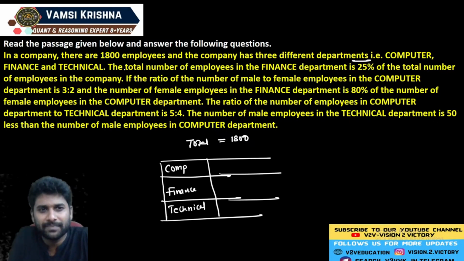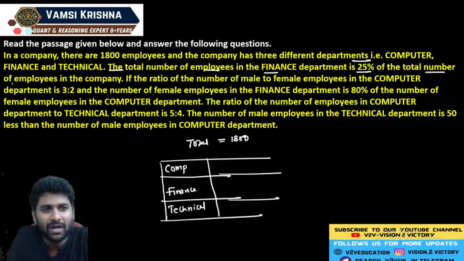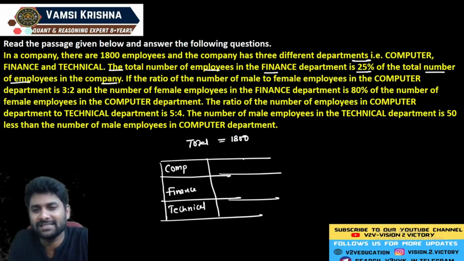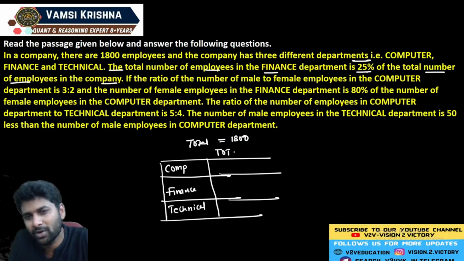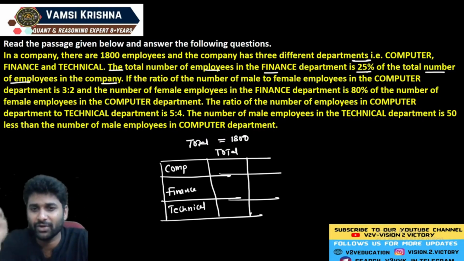Now see the next line here. The total number of employees in the finance department is 25% of the total number of employees in the company. Guys, first identify how many employees are there in each and every department. You already know that the total number of employees in the company is exactly equal to 1800.